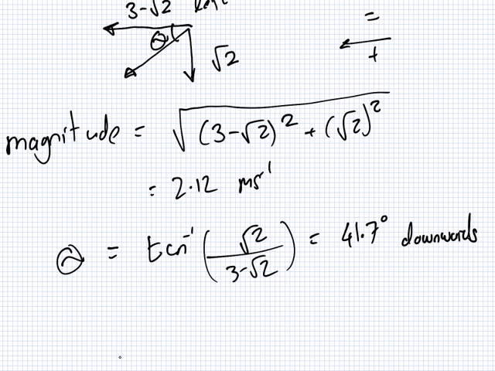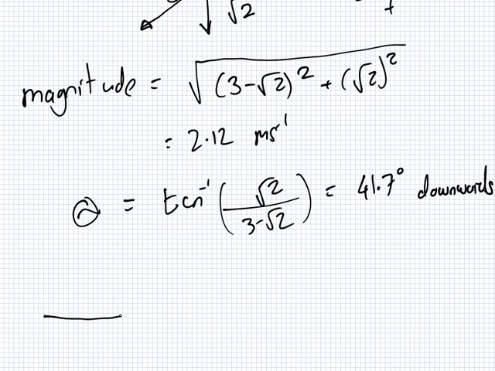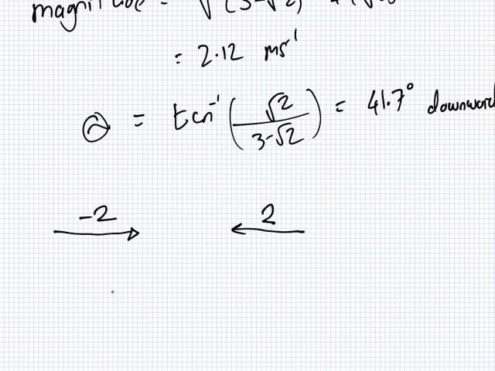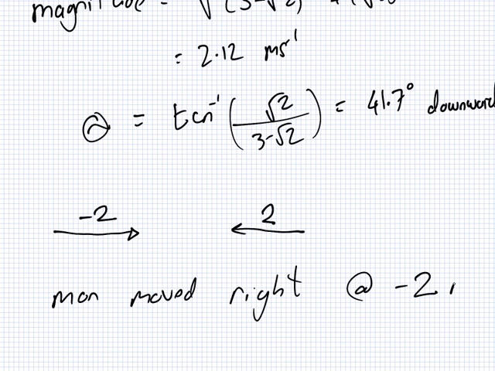Because as I was saying, if I draw this, that's the same as drawing this. Your minus in your answer is indicating that it's to the left, whereas in my answer, left is indicated because I drew it to the left with a positive number. In other words, you're saying the man moved right at -2 meters per second, which actually means you moved left.